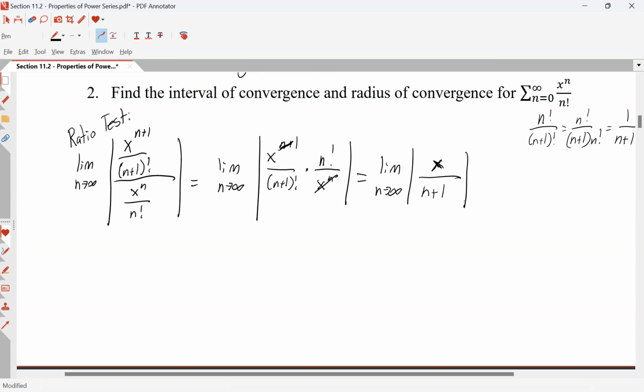I'll repeat the fact that n is going to infinity, but x is just a number. It could be 100, it could be e, it could be 5, but it's a number. And n is going to infinity. So if I had any number divided by something going to infinity, this is just a growth rate where this limit comes out to be 0.